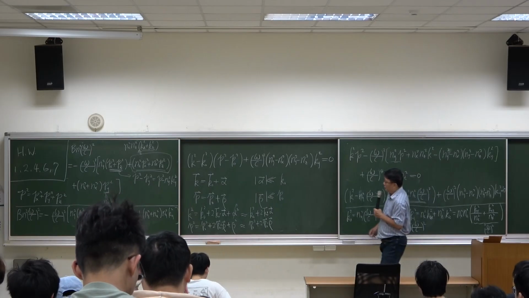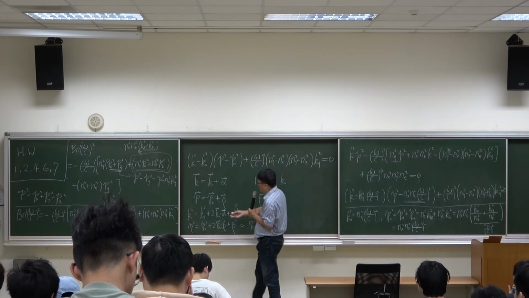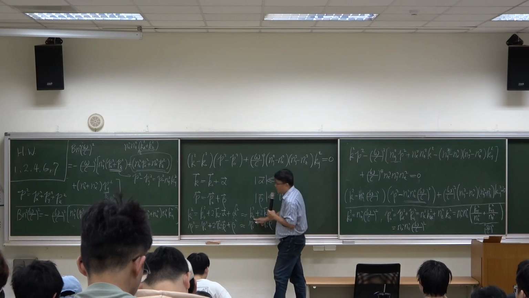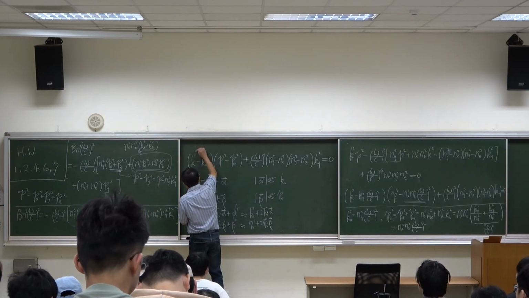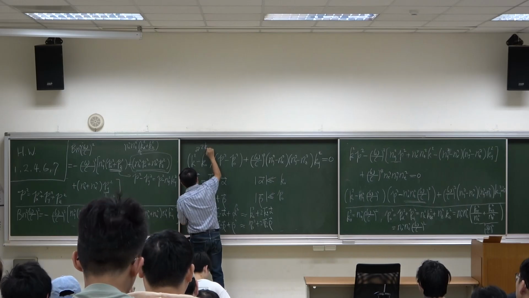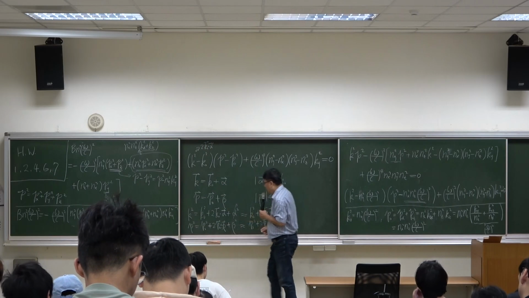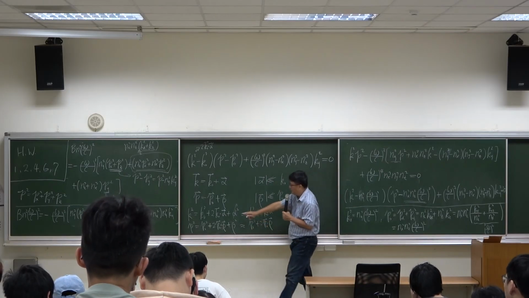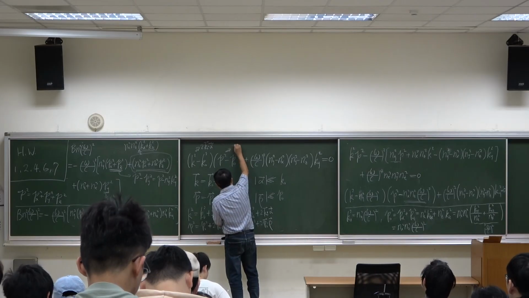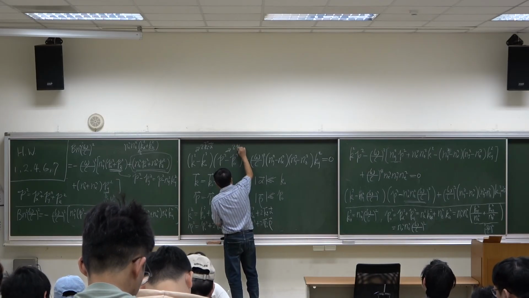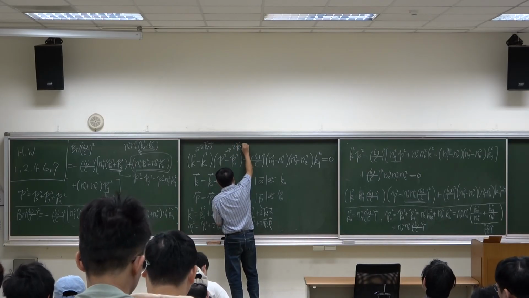Okay, so you see the difference between k squared and k0 squared can be approximated by 2k0 dot alpha. And the difference between p squared and p0 squared can be approximated by 2p0 dot beta.